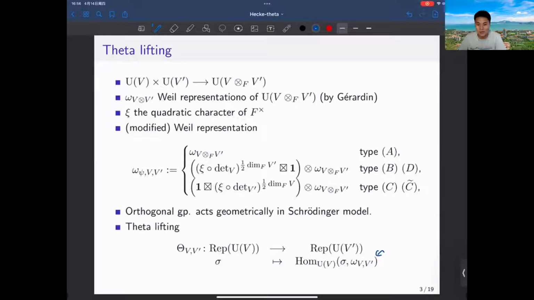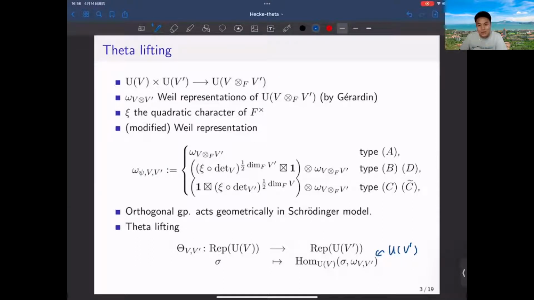So we allow to do these things, which is a multiplicity space of sigma inside the modified Weil representation. So this will have a natural UV prime action. So it's a contravariant functor.